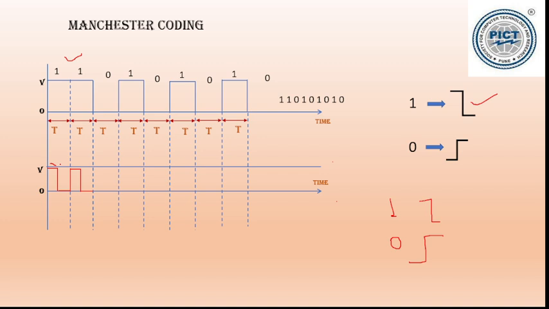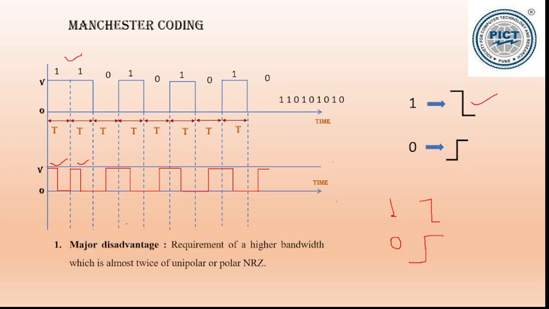So this is 1, next one. Now 0 is represented by reverse S. Again 1 is represented by plus Z, then reverse S, plus Z, reverse S. So this is Manchester coding.